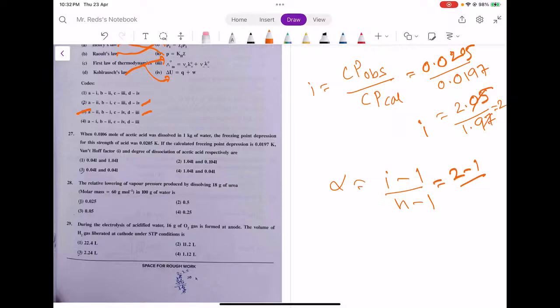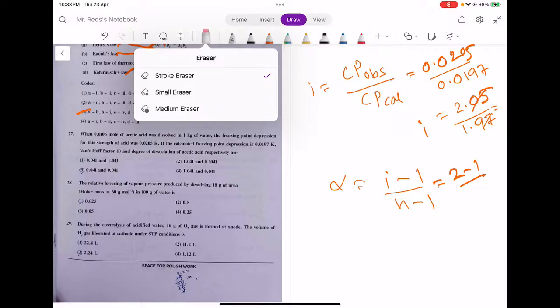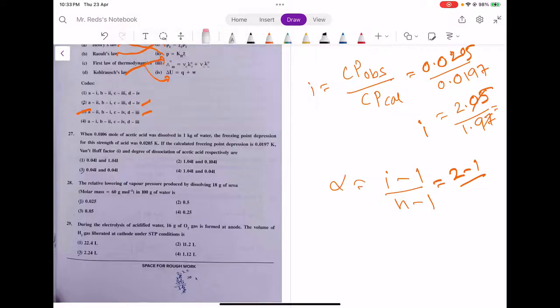Here it is nearby 2, but now it should be 1 only. Sorry students, it is more than 1. Here the I value is equal to 1.041. In the second option and fourth option, I is equal to 1.041.